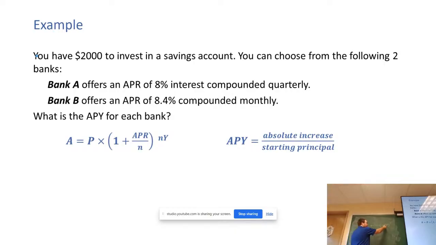And there you can do the inside parentheses first to get 1 point. I got 1.08.